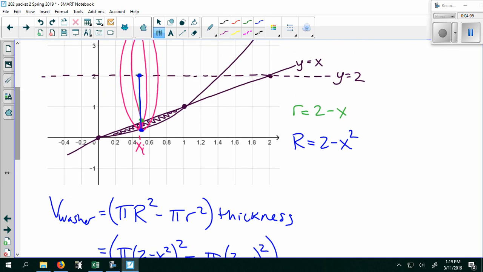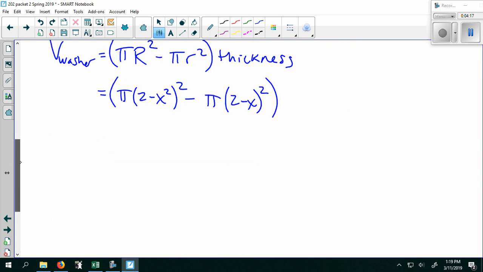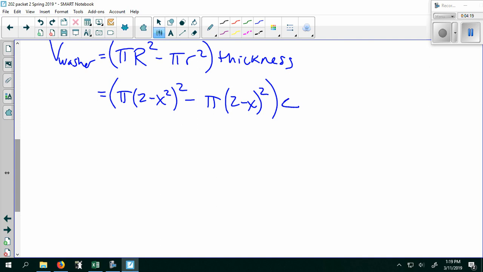And the thickness of the washer is the thickness of the little representative rectangle, which is delta x. Okay, so that is the volume of a single washer.